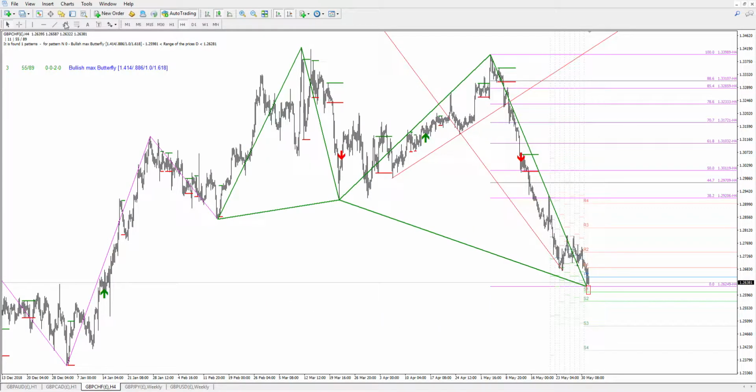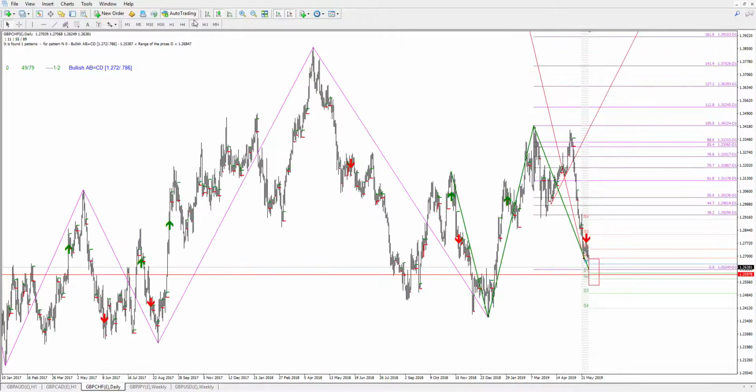And we've got support here, 12597. There's those lines again. And daily bullish ABCD. Change the indicator to monthly.